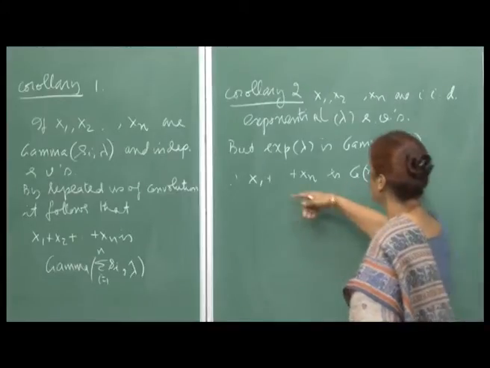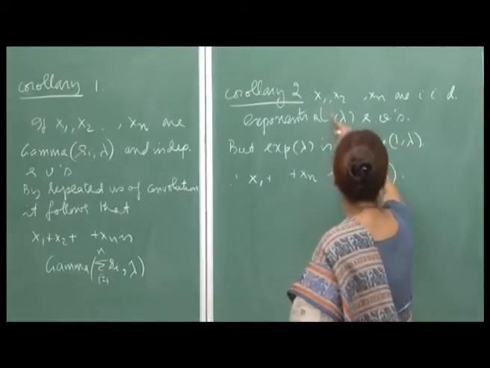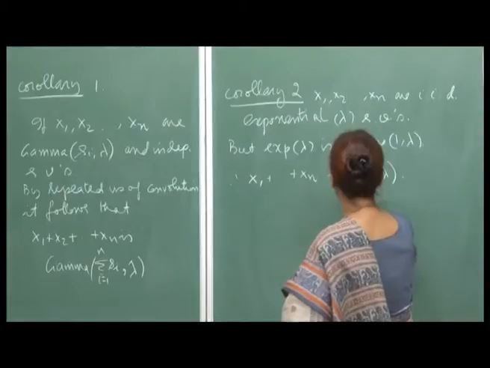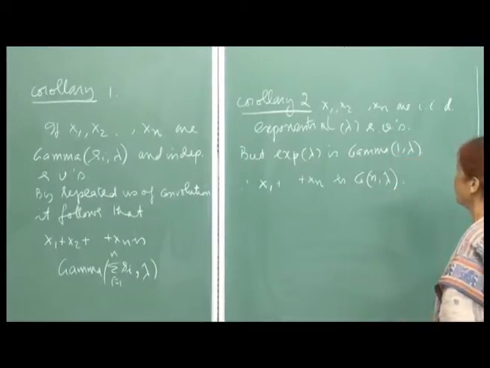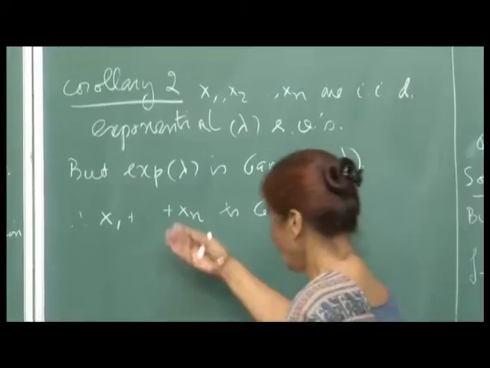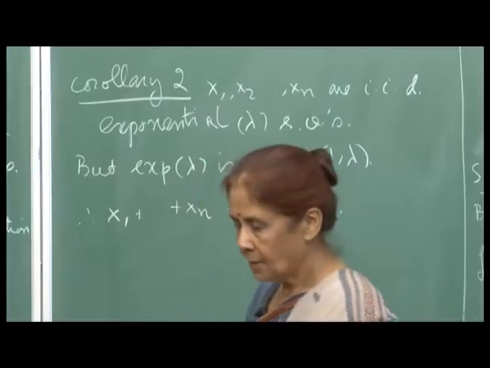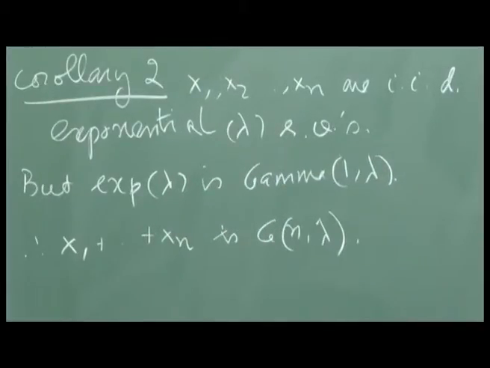So, when you take x 1 plus x n of independently distributed exponential random variables, then this is gamma n comma lambda, because the first parameter gets added. We will see uses of all this when we talk about random processes, stochastic processes, which are Poisson and Markov and so on.